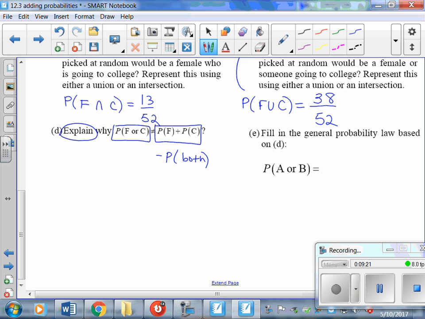So take a minute and write that down. We'll discuss that tomorrow, what you wrote down. And over here, the general law or rule is the probability of A plus the probability of B minus the probability of A and B.